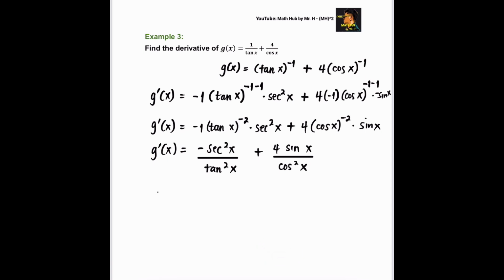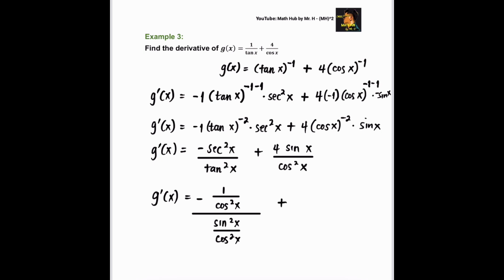All right, so g prime of x. Negative secant squared x can be rewritten as 1 divided by cosine squared x, divided by tangent squared x, which can be rewritten as sine squared x divided by cosine squared x.